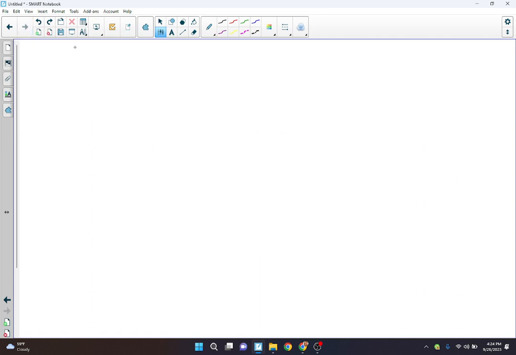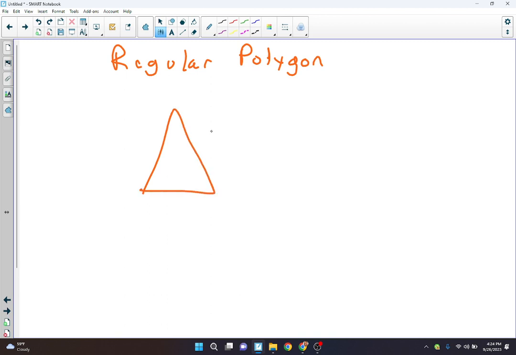One more thing. If I say this is a regular polygon of some sort, so I give you some shape like this, a triangle, and let's say this side is 2x. It's equilateral and equiangular, it's both. It's regular.